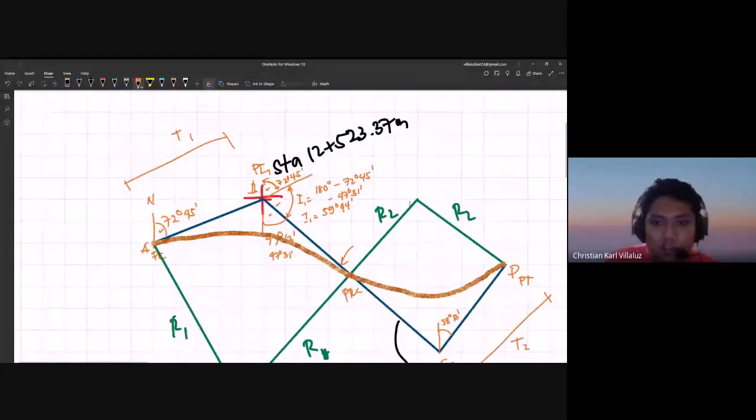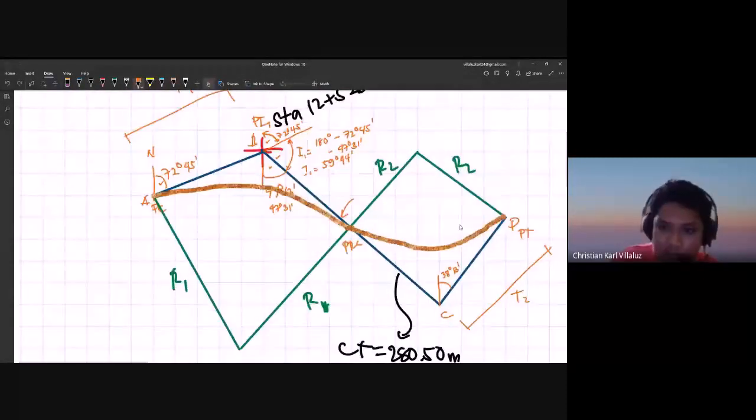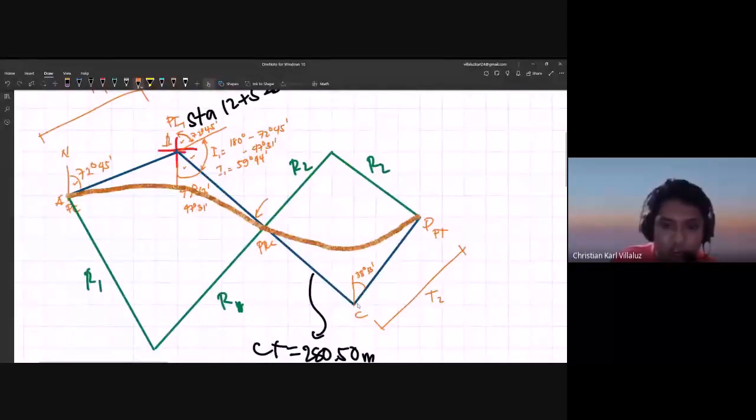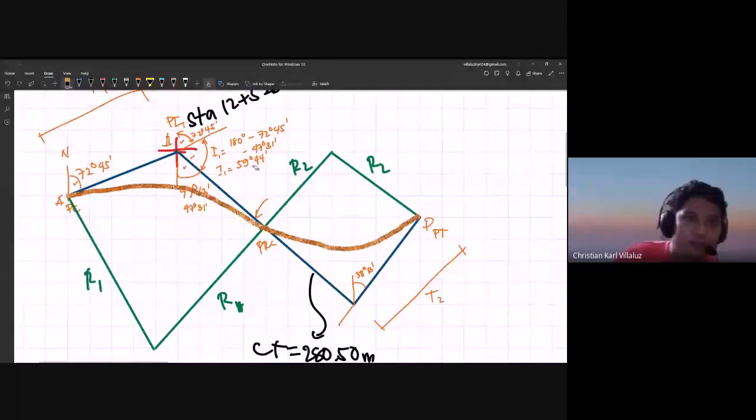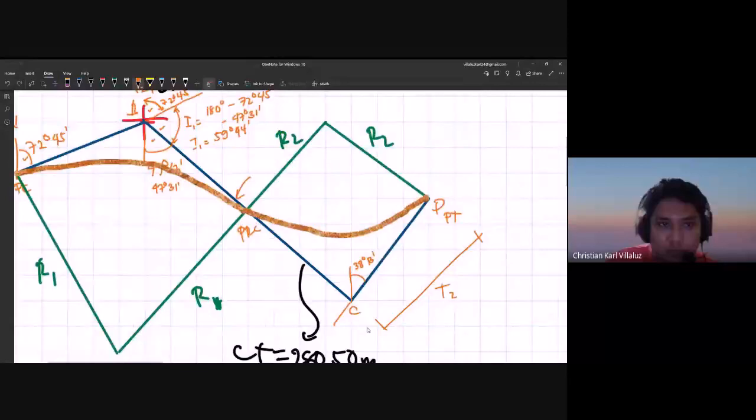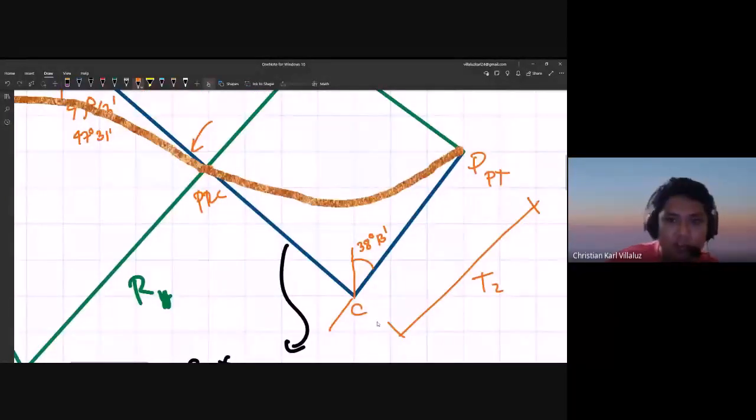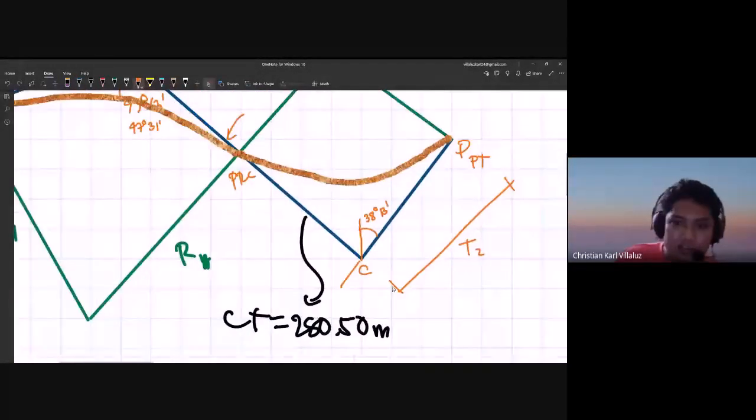Next one is this angle of intersection. This is C. Okay, so this is the angle of intersection, I2.